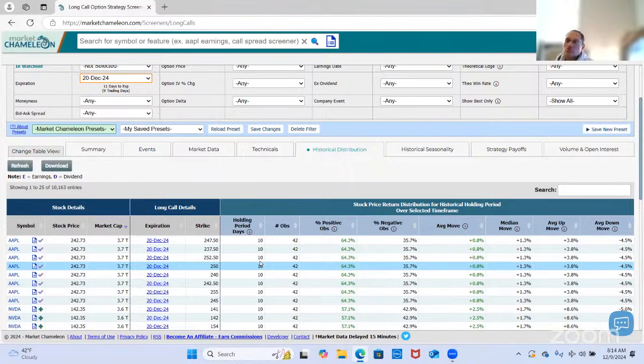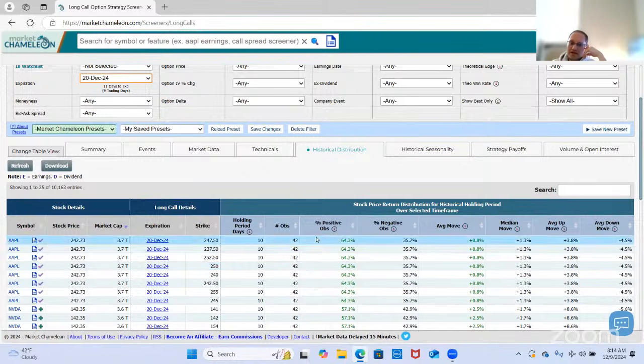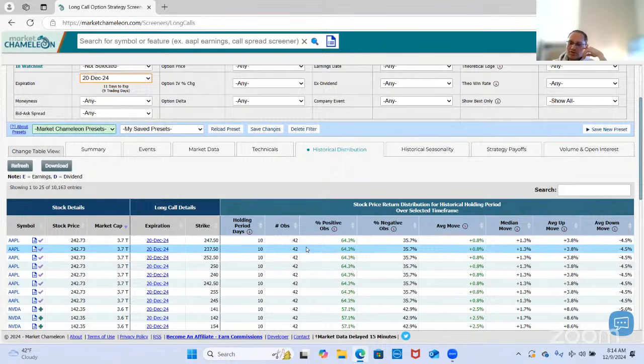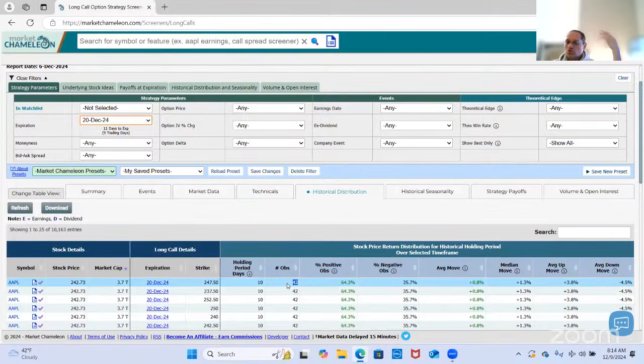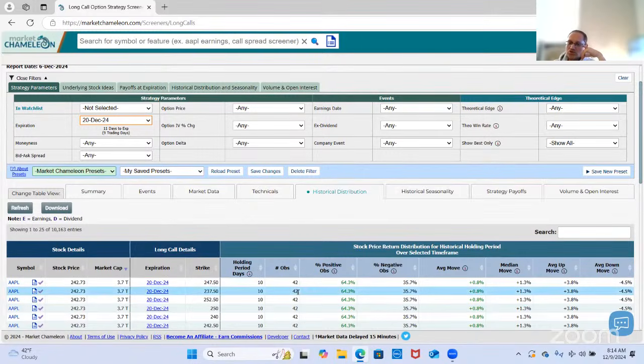Well, let's remove that from our analysis. We want to analyze data that looks similar to what we're expecting the next 10 trading days. So given that, we're going to look at those data points historically, and here we have 42 observations.